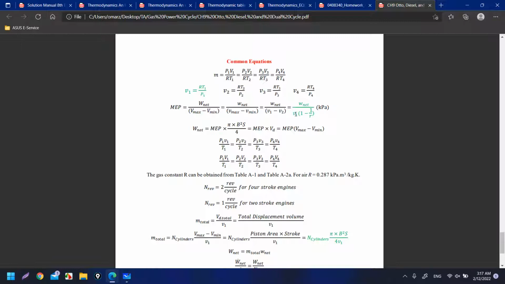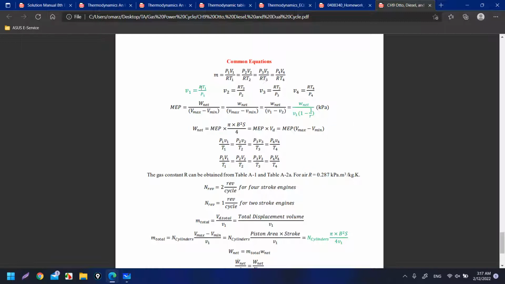V1 can be calculated from the ideal gas law, and this will be the most used equation, so that is why I colored this equation in green and this one also in green. You can use the ideal gas law, V1 equal to R T1 over P1, and R for air is 0.287 kilopascal meter cubed per kilogram Kelvin.